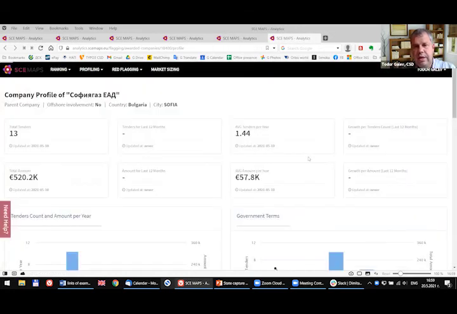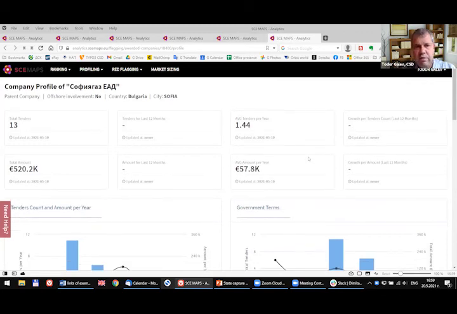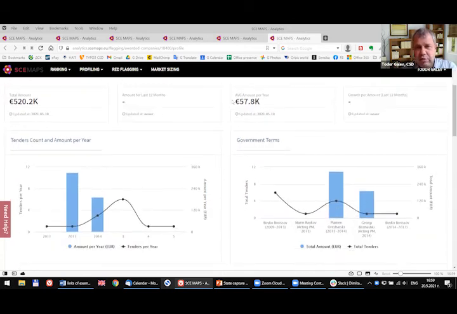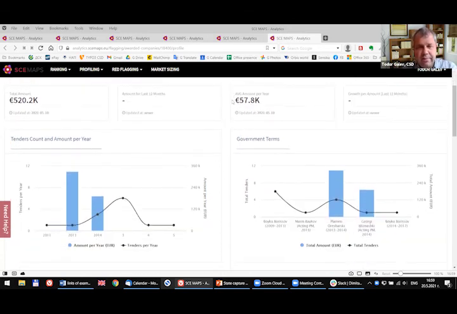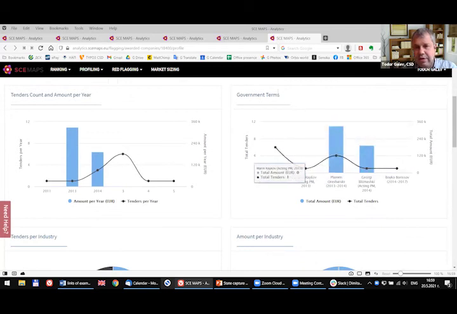When you look at the company profile, which is part of the profiling section, and you can find it from there also if you know which company to look for exactly, you can see something very interesting. Here is this red flag, and you can see that this company started to win tenders exactly during the term of the Plamen Oresharski cabinet.